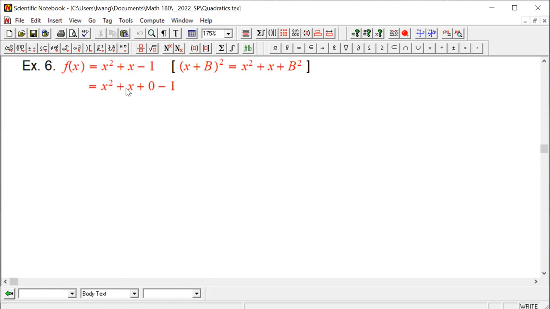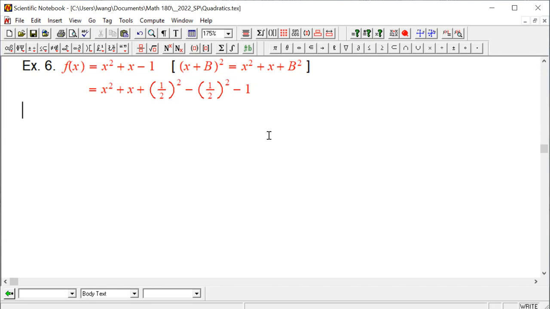The number before x is 2b, and that number is 1. So we take that 2b, which is 1, divided by 2, in parentheses squared, and subtract the same number. And this will make that perfect square.